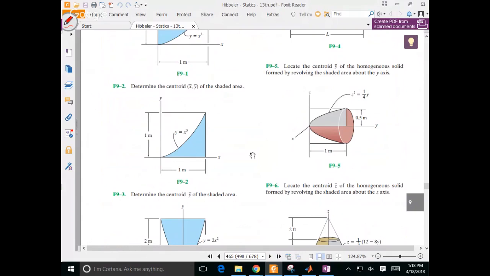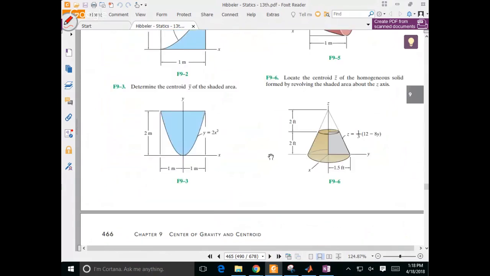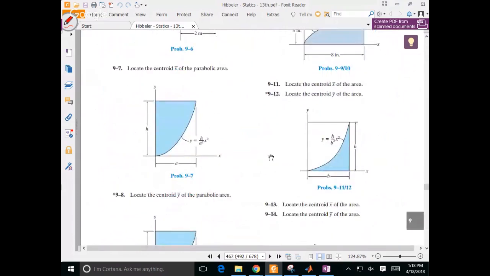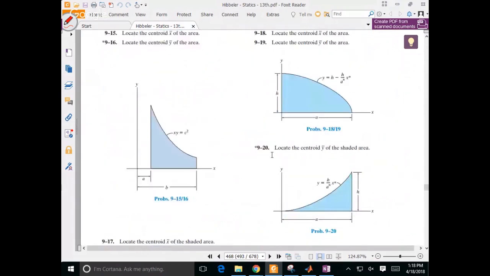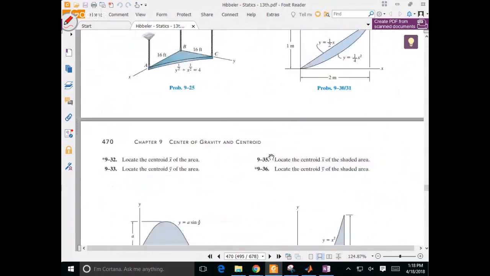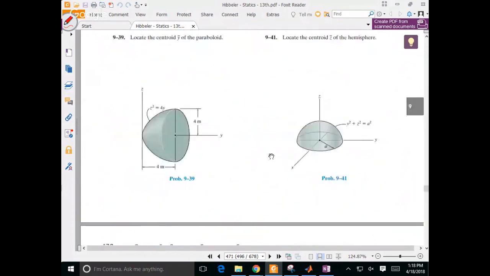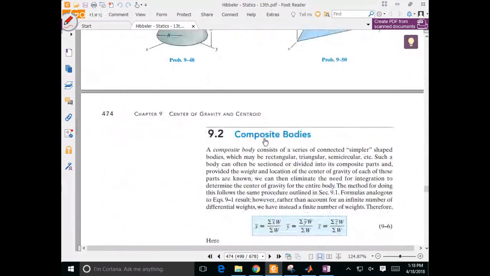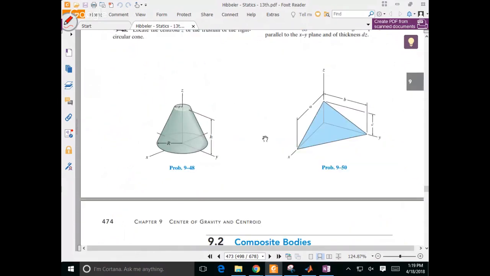But before we do that, you'll notice there's a bunch of equations, and a bunch of them are not exactly all that fun. Then you go into setting them up in composites, and composite bodies are where most everything happens in mechanics of materials. And maybe I should do this first.